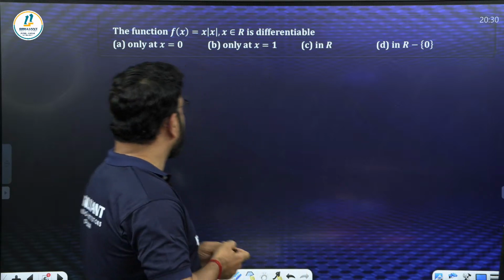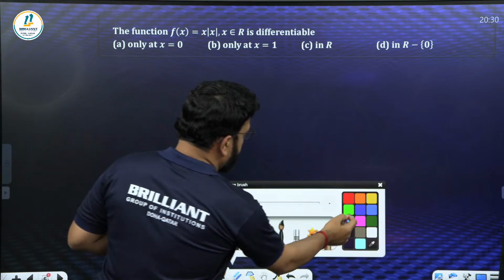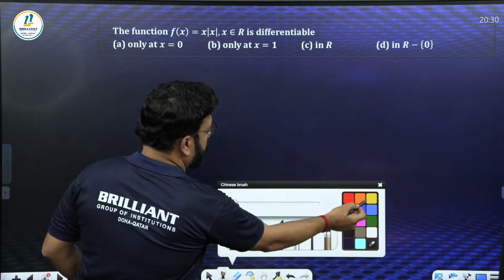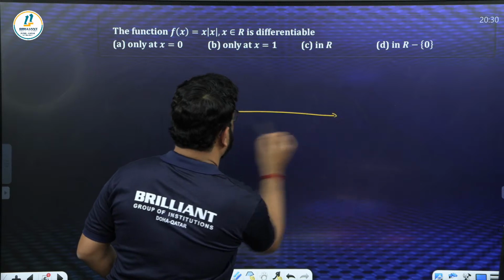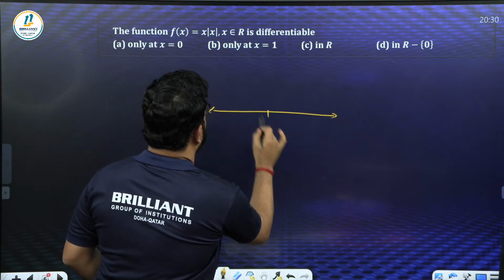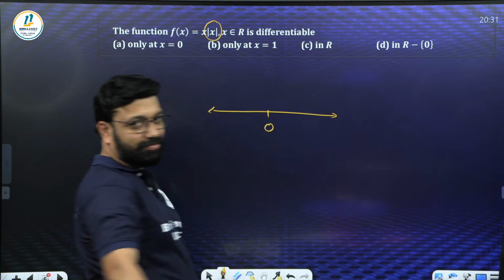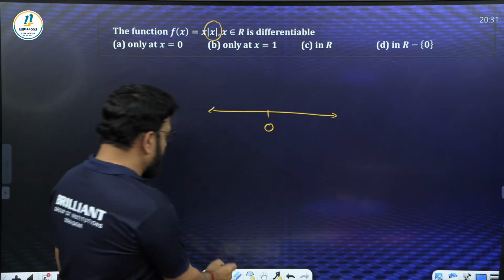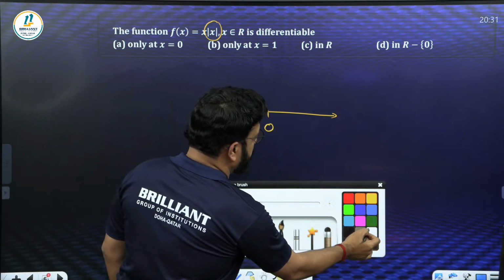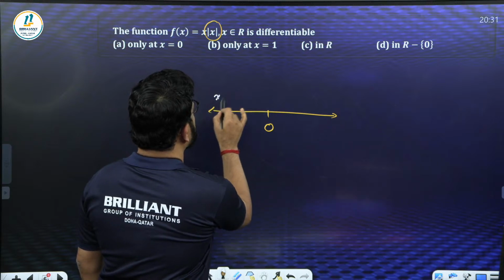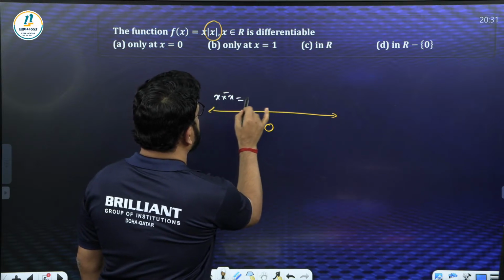So here we can check x times mod x. I'm drawing a number line again. Here, taking x mod x, the critical point is 0. What will come on the left side? The left side will be x times negative x, that is negative x square.